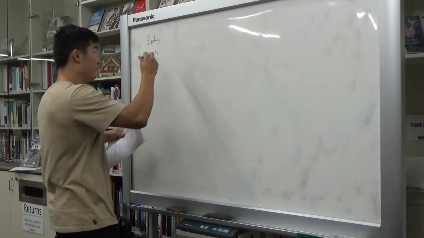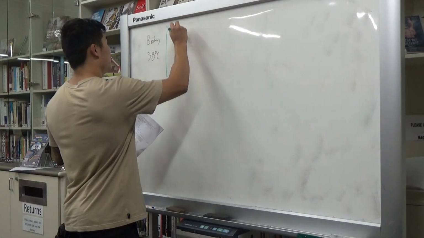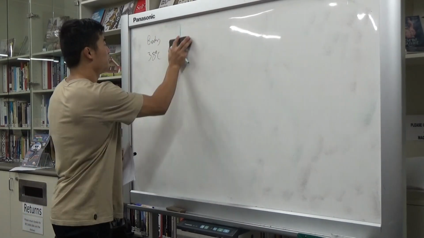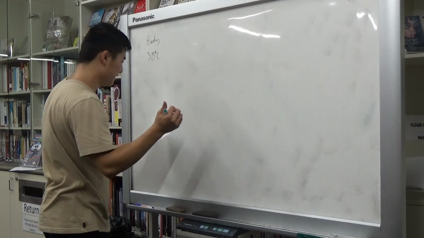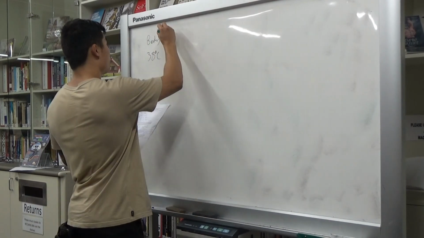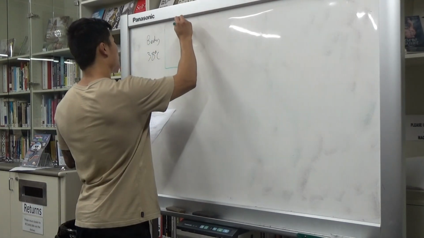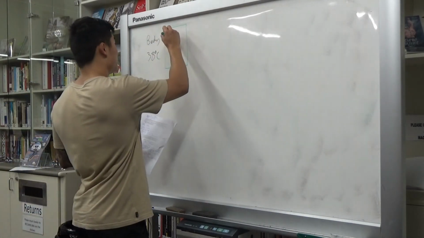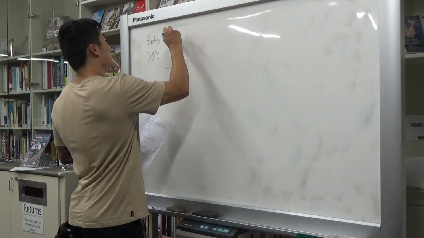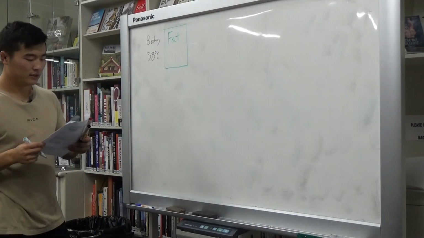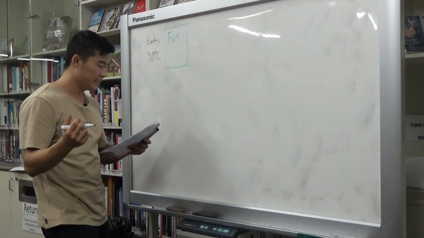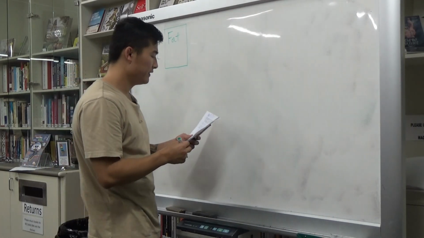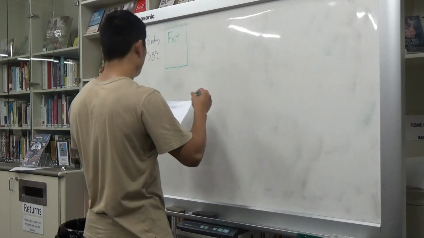And then we have our first layer of insulation, which is the fat. It's 1 centimeter thick with a thermal conductivity K of 0.2.